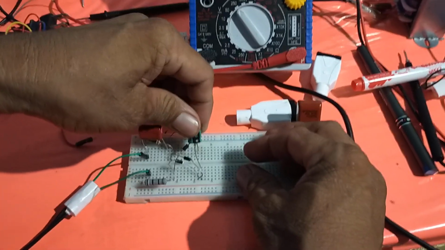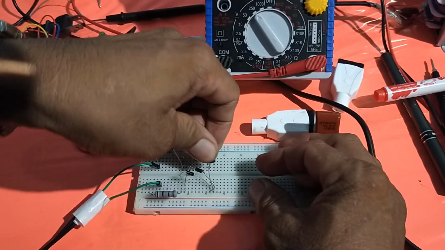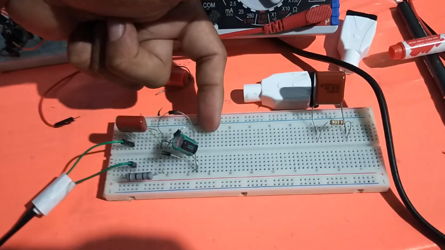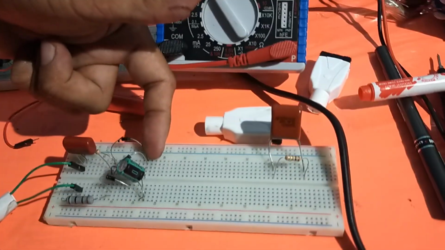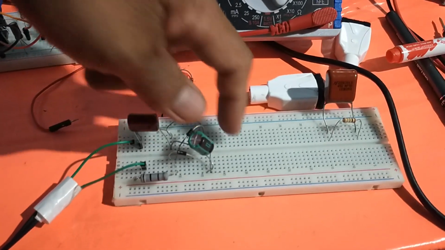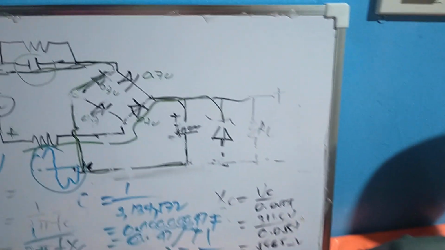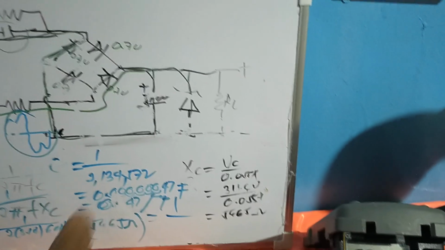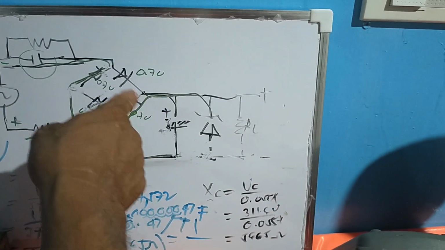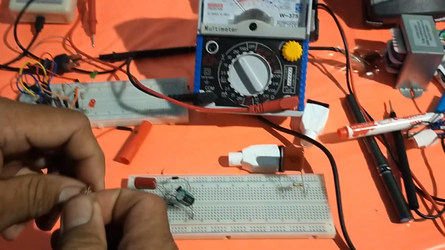Okay, we have here, this should be the positive side. The two cathodes are the positive output, and it should be connected to the capacitor positive. Then, finally, we have here the capacitor, wherein the positive side is connected to the two cathodes that provide the positive output voltage.